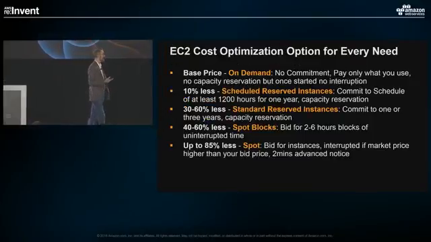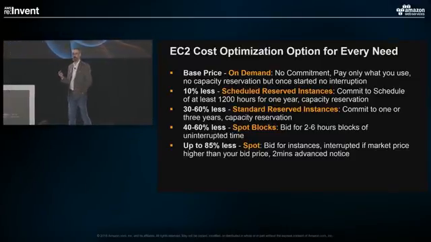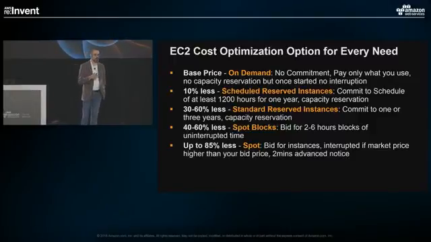So, in summary here, we've got a bunch of different ways to save money with EC2. Starting with on-demand for some of those transient workloads, maybe that benchmarking that I mentioned earlier.